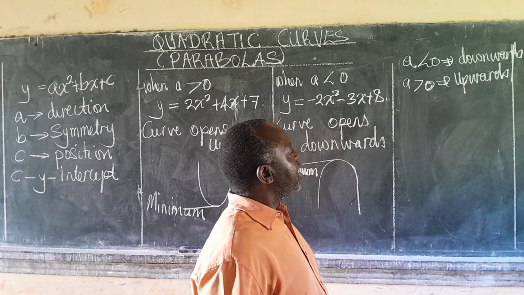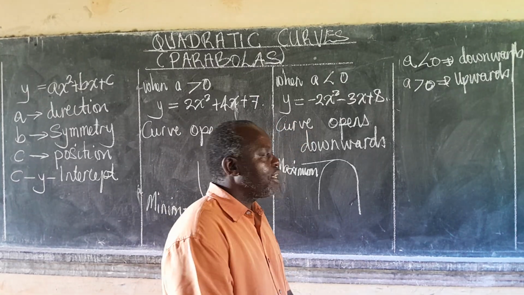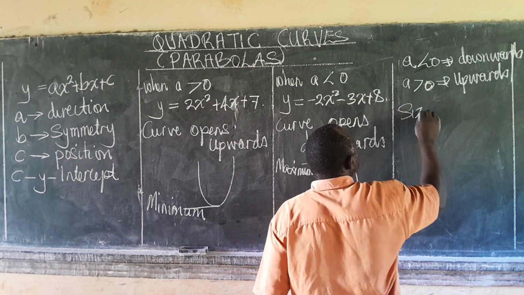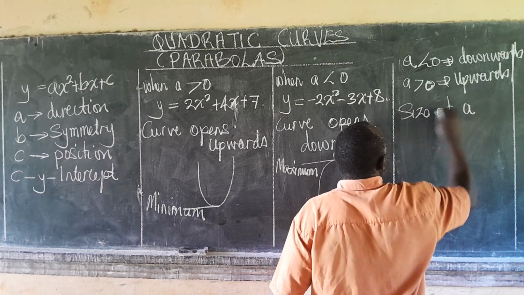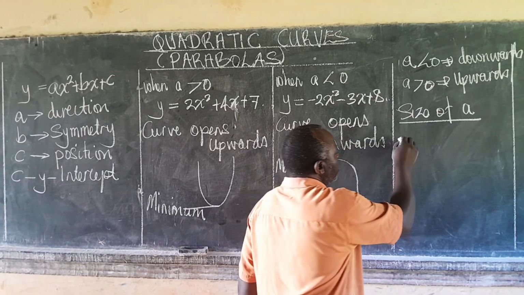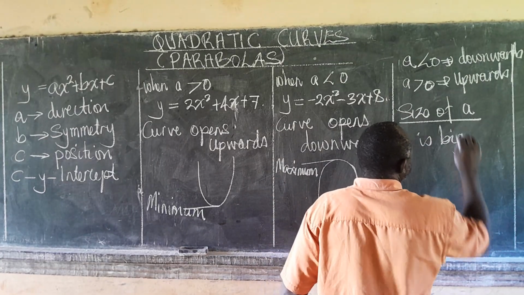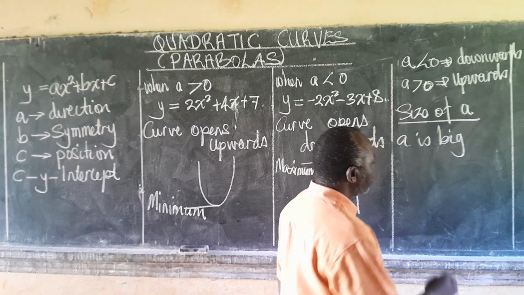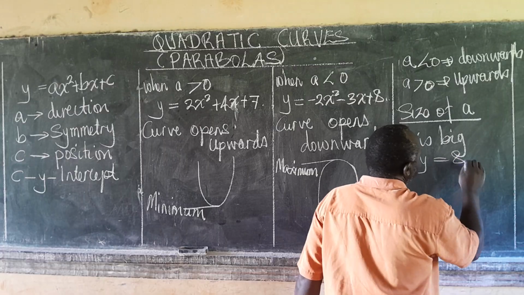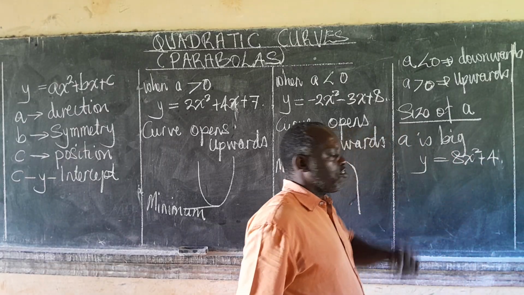However, there is still another effect of A. A can be big and A can be small. When A is big, for instance, if we have y equals 8x squared plus 4, this A is very big.